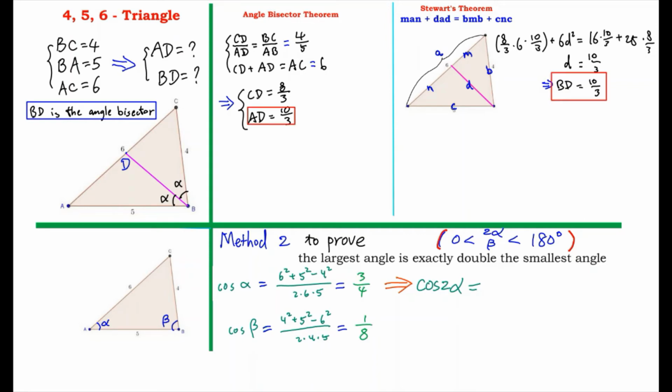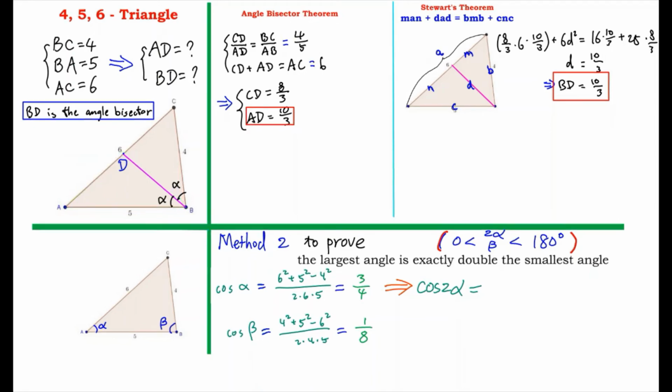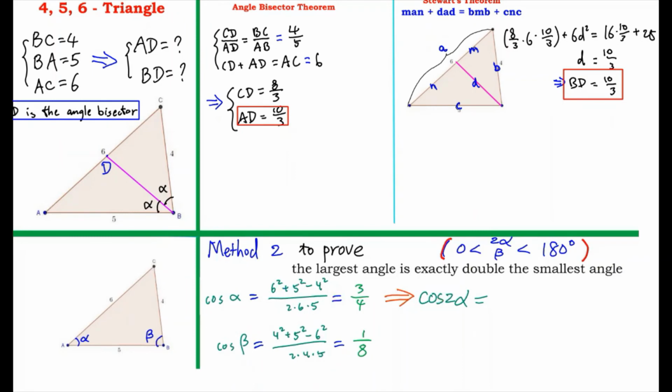Not really, actually. Something special that we can get out of this is that triangle ADB is an isosceles triangle. This is because AD and BD are the same length.